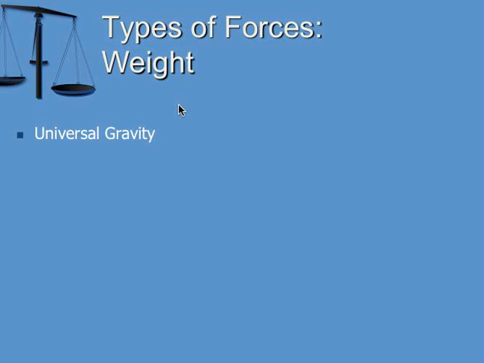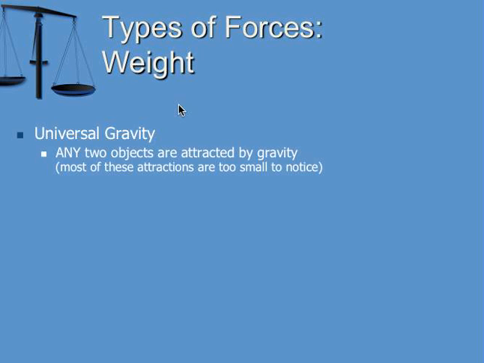Now, weight is a specific example of a much bigger, broader attractive force, and that is universal gravitation. Any objects that have mass are attracted to any other objects that have mass by gravity. Typically, those attractions are too small to notice, but they're there.